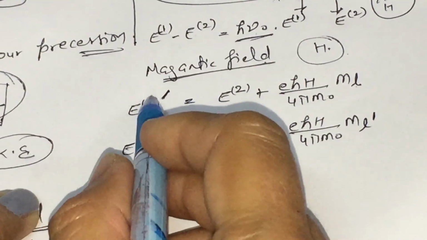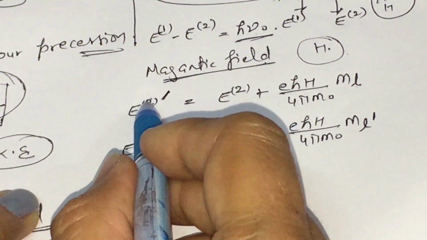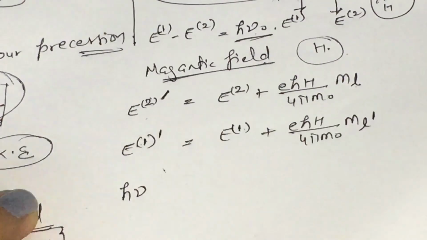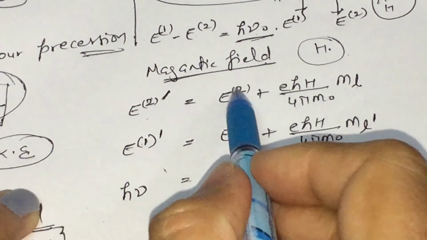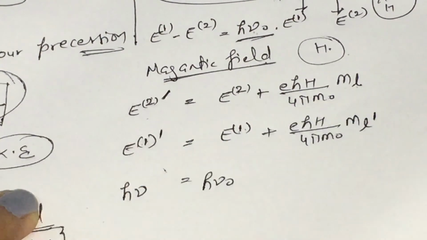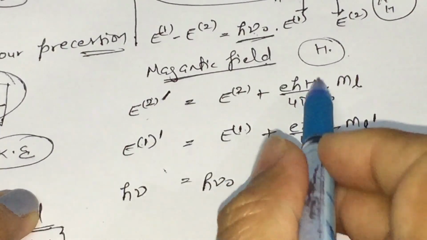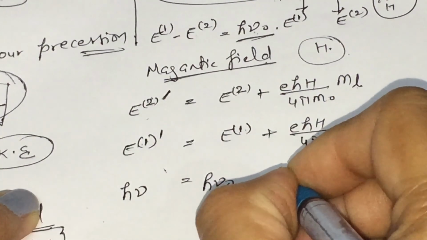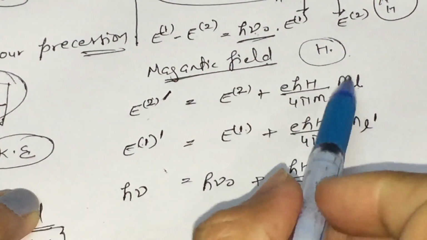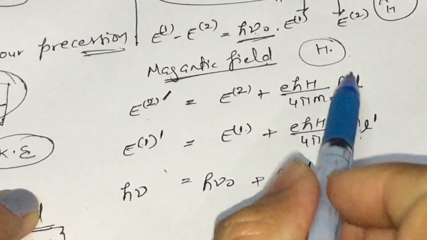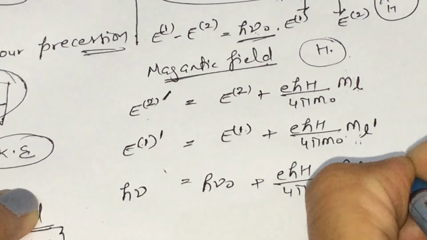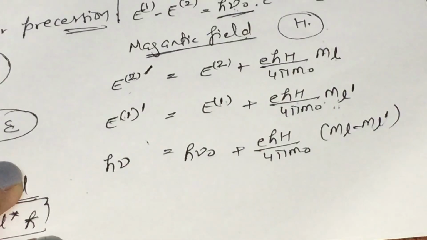If we find the change in energy, then left hand side, energy minus energy, comes out to be h nu naught as we very well know, and in this case all the terms are constant or common, EHH upon 4 pi m naught, and when we subtract this term from this, we will get ml minus ml dash.